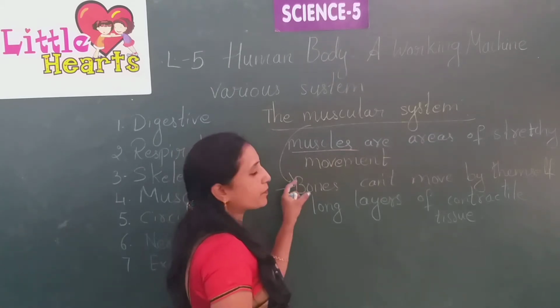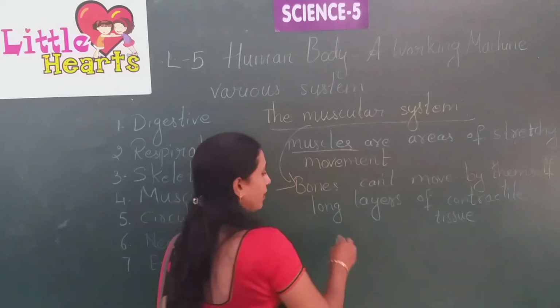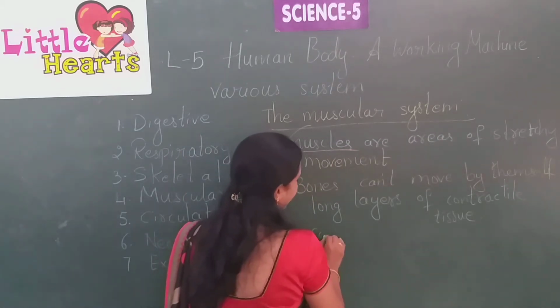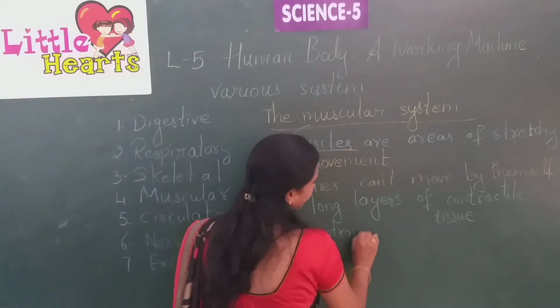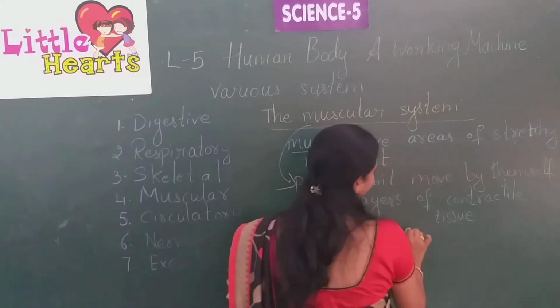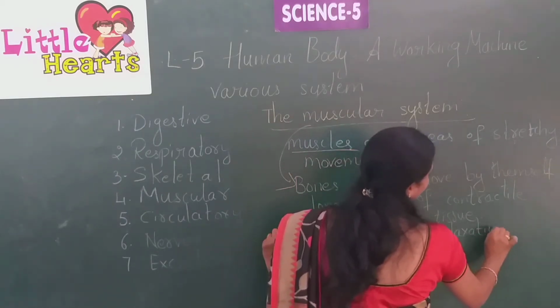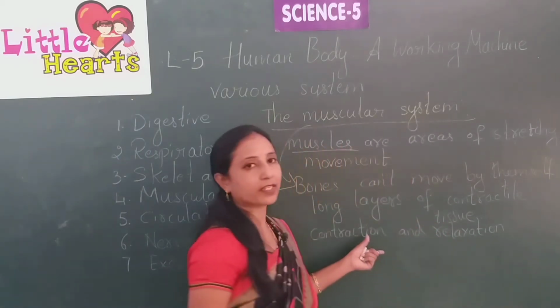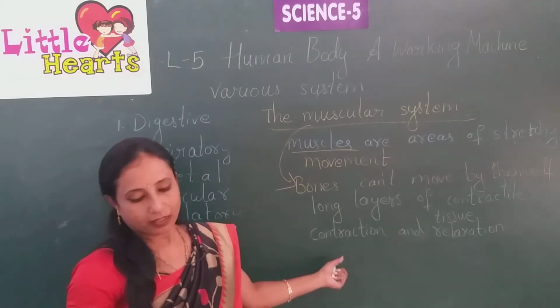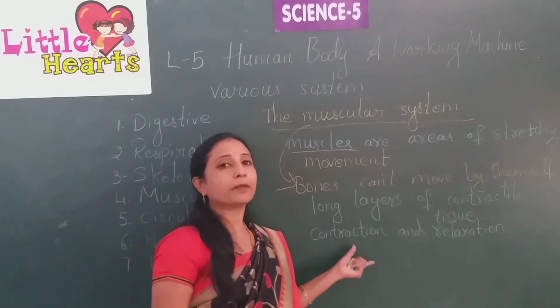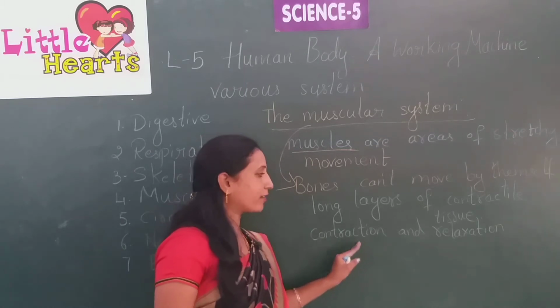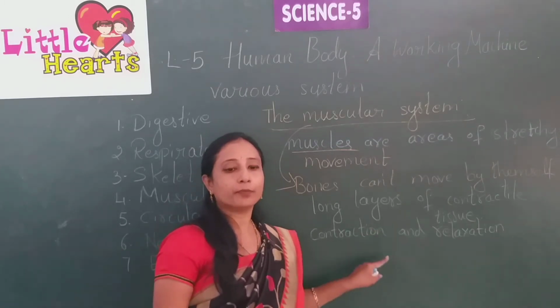So how do the bones and muscles move? The contraction and relaxation of these muscles make the movement possible. Unless they contract and relax, we cannot move.